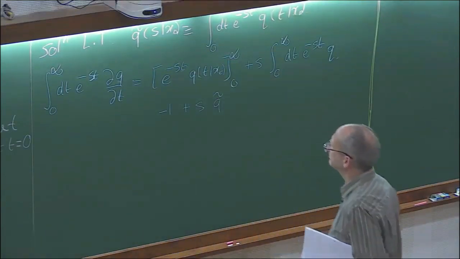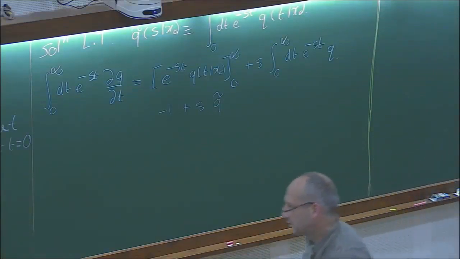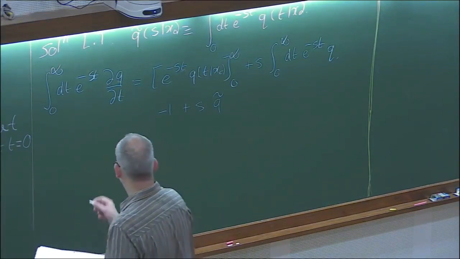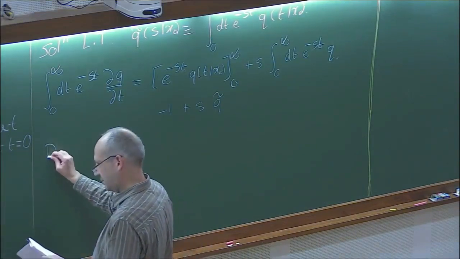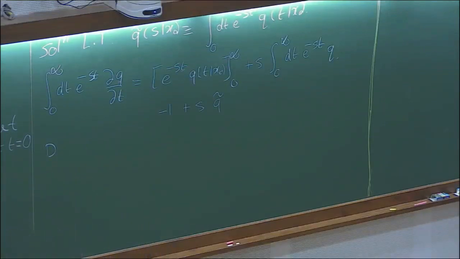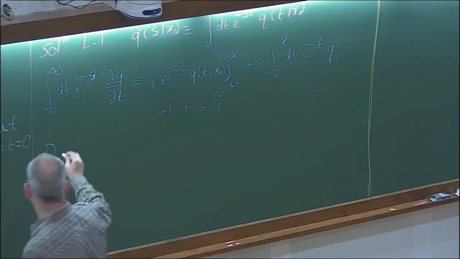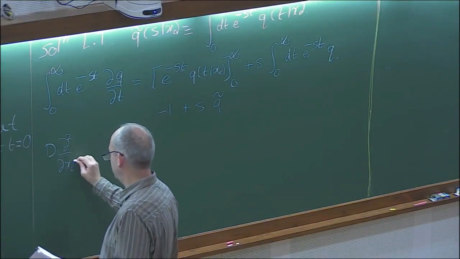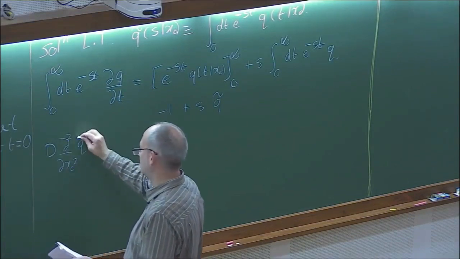So when I Laplace transform 6, I get, okay, from this term here, I get d squared by dx naught squared of q. So q tilde rather.